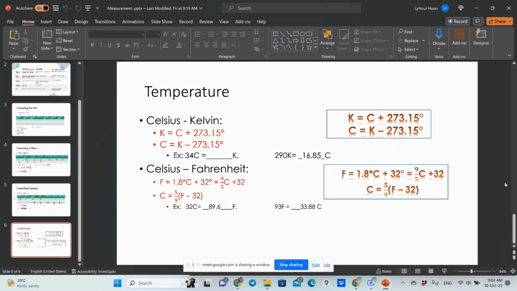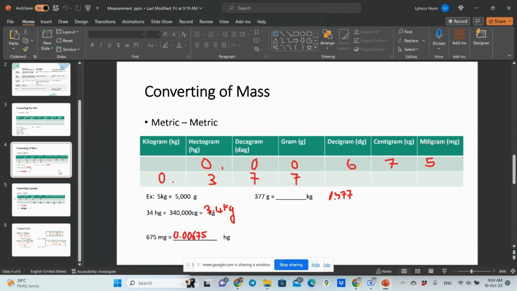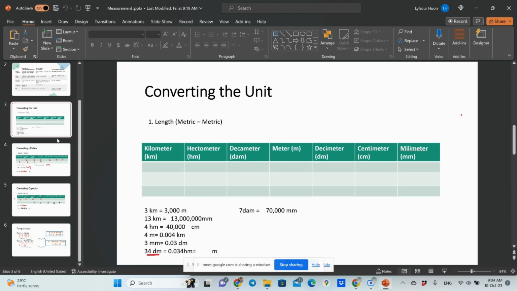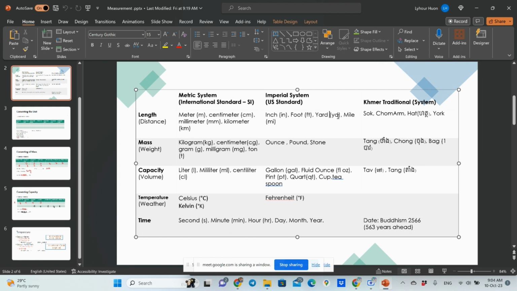Okay, what are we learning today? Not yesterday, like last week, we learned to convert temperature from Celsius to Kelvin and Celsius to Fahrenheit. We have also learned about imperial to imperial, for example converting from inch to foot, foot to yard, yard to mile.